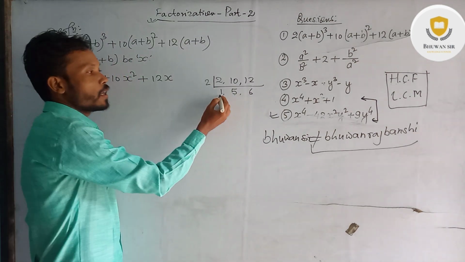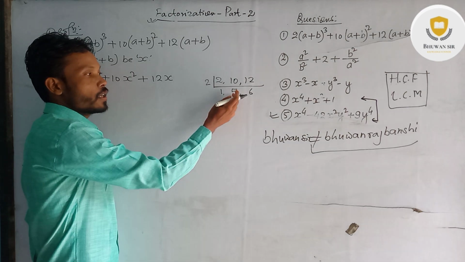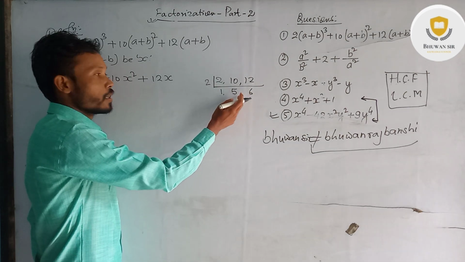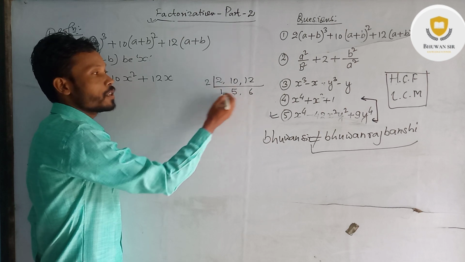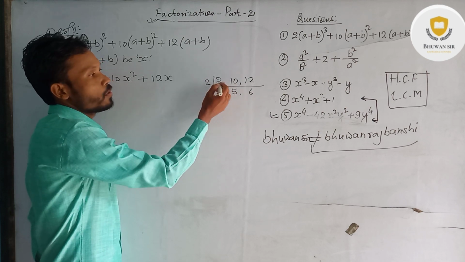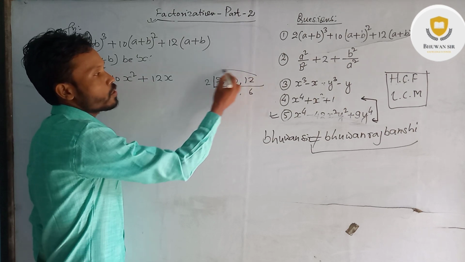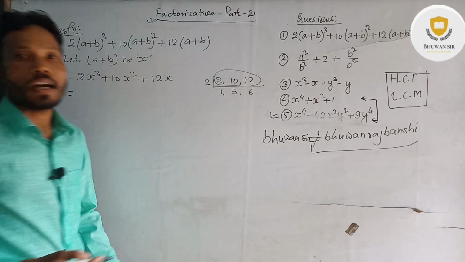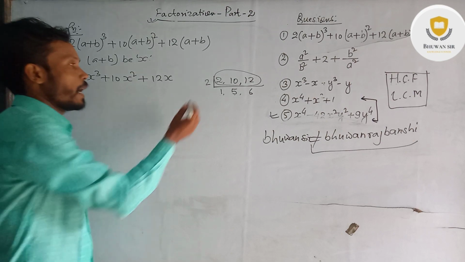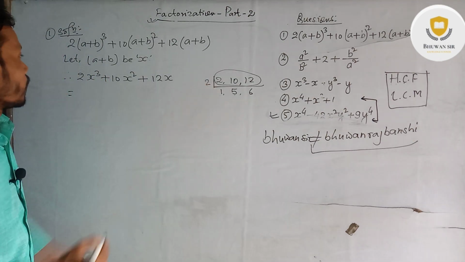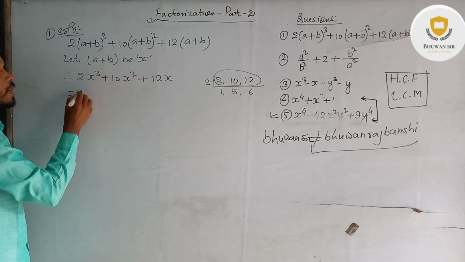But if it is divisible by only two numbers, not all numbers, then we cannot divide. Now 2, 10 and 12, these all three numbers are easily divisible by 2. It means 2 is common from this expression.